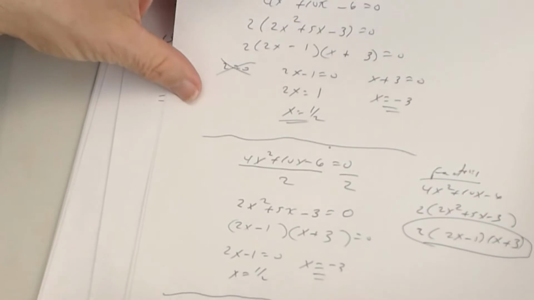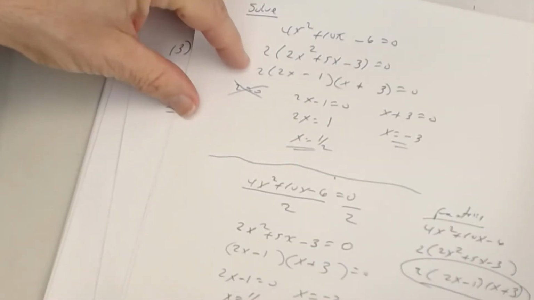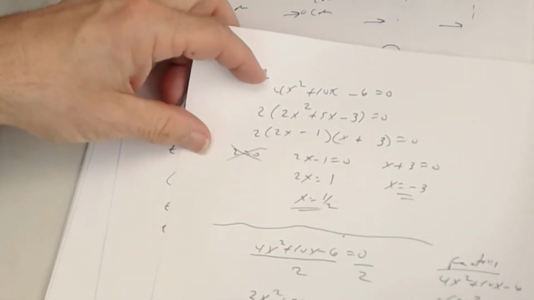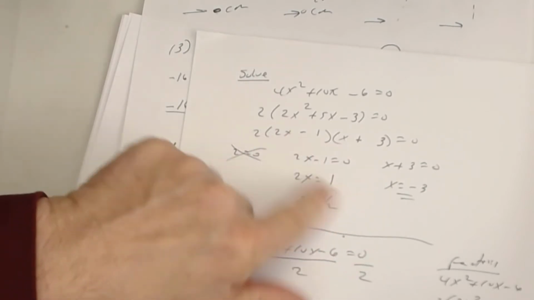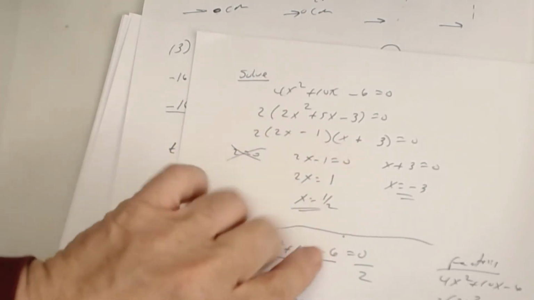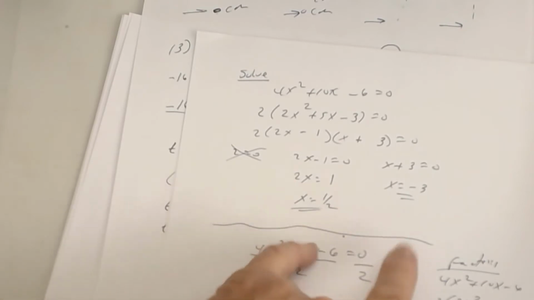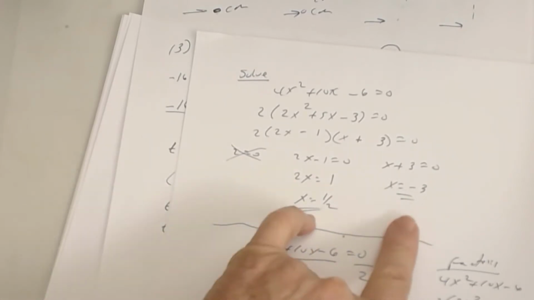Now, be careful. There is a difference between this and this. Watch. Suppose I had this versus this. So here, how many solutions were there? There are only 2. x is 1/2 and x is negative 3, right?